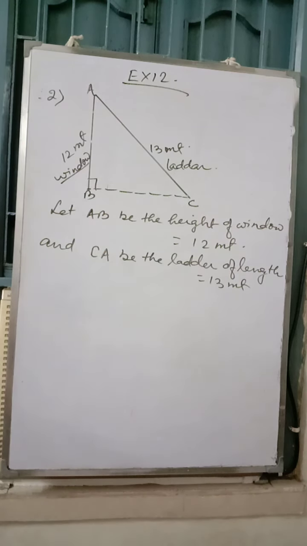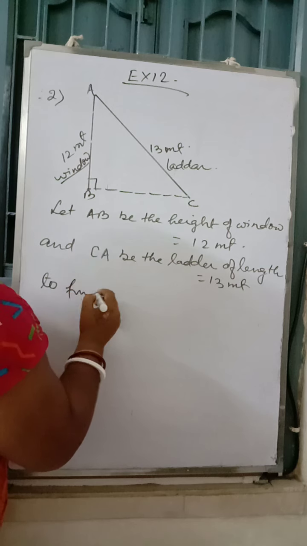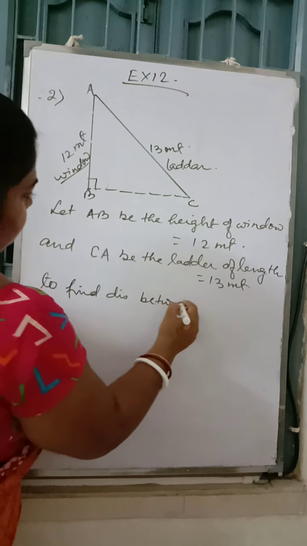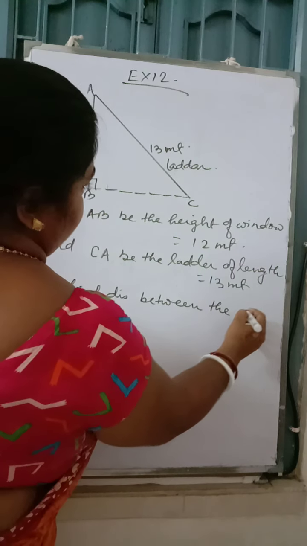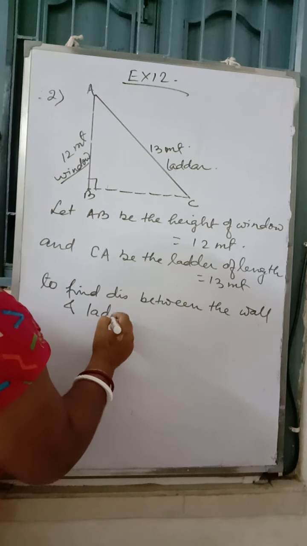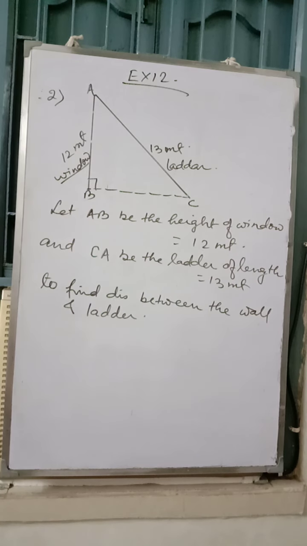Does not matter, you can write BC also, doesn't matter. Now you have to find distance between the wall and ladder. Is it?